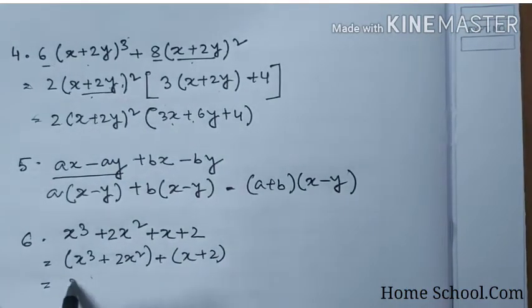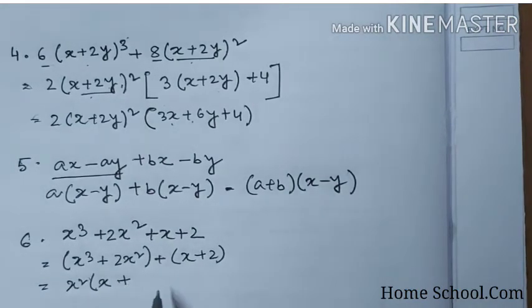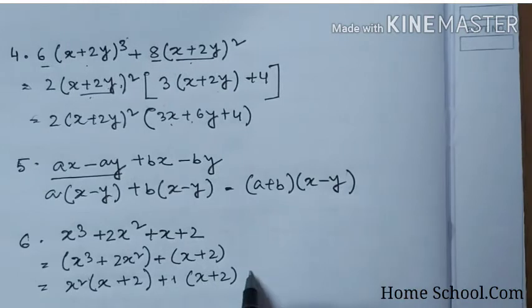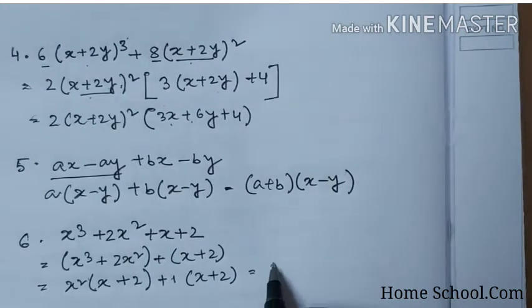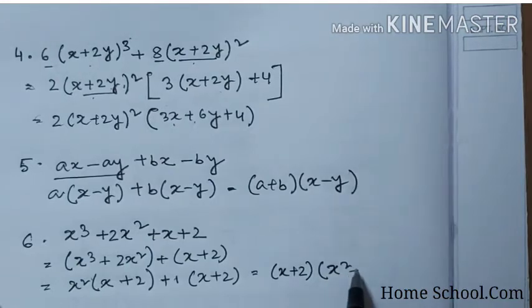Now if you take x square common, it remains x, right? Plus 2. If you take 1 common, it becomes x plus 2. So the answer is (x plus 2) into (x square plus 1).